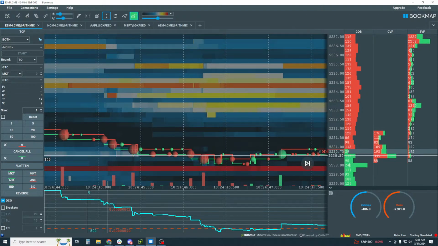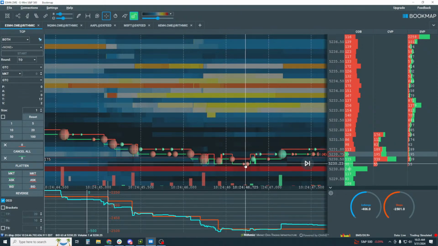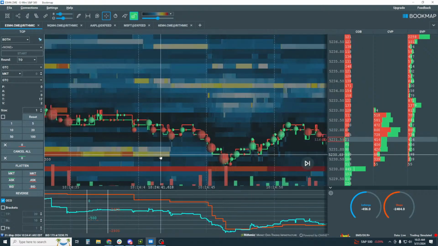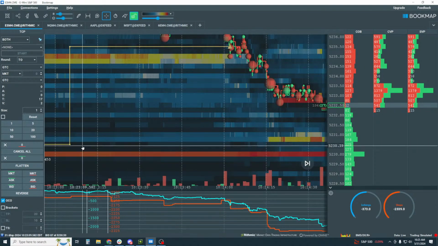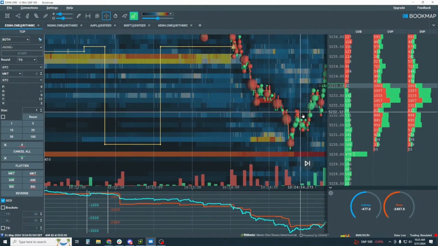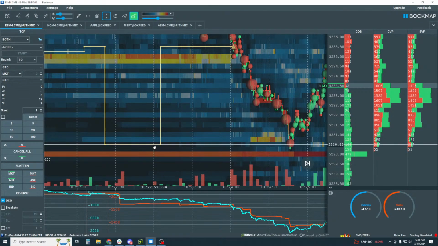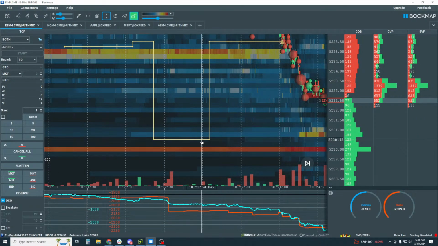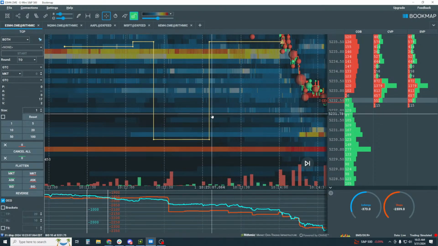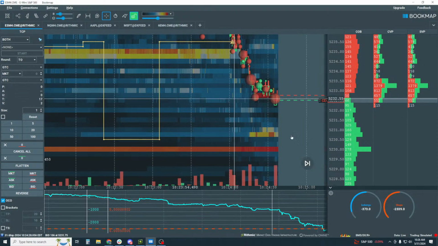So if it did, then we know that we would have gotten filled. So yeah, it came down to 30.25, and we moved our take profit down to 30.5. So we would have gotten filled on that. See how front-running liquidity in here and using the heat map for your trade management can be really, really helpful, right?